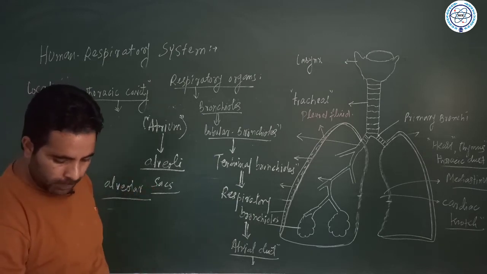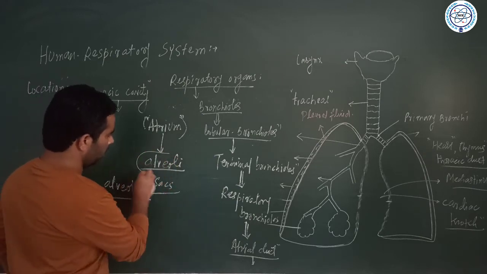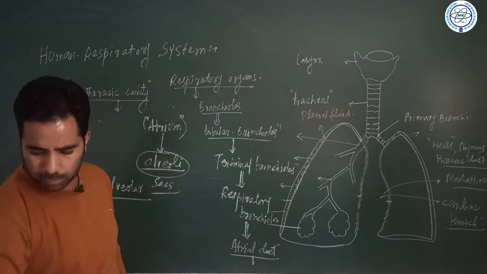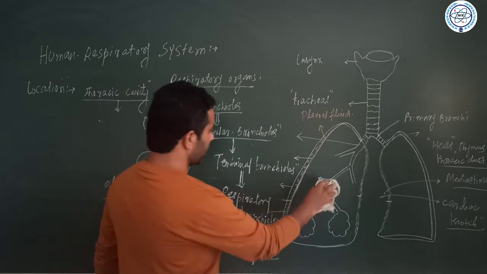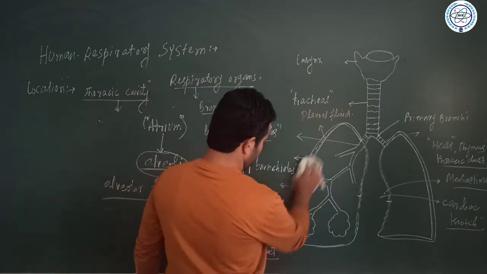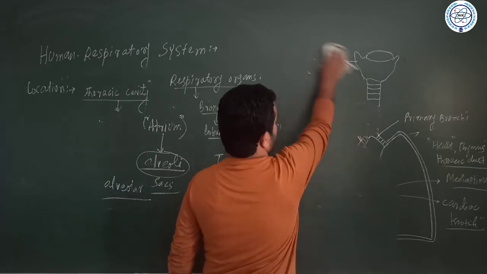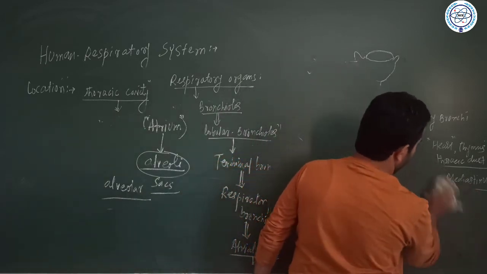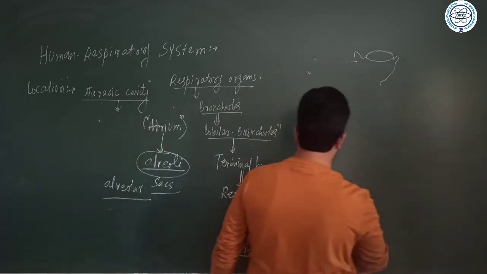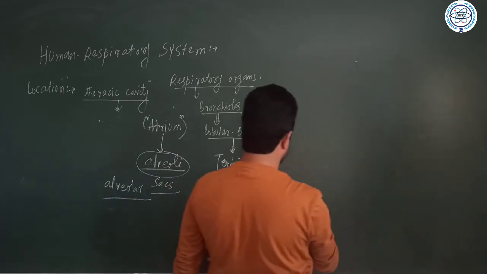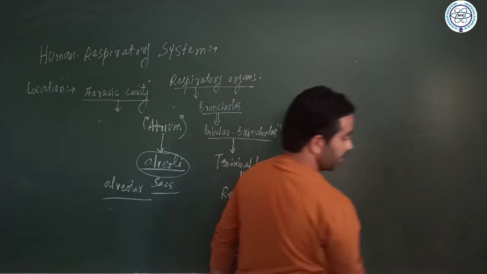Now, if you want to understand this division further, we need to rub this diagram and make it a bit more simple, so that you can understand. We don't have a lot of space on the board to keep all the diagrams intact.